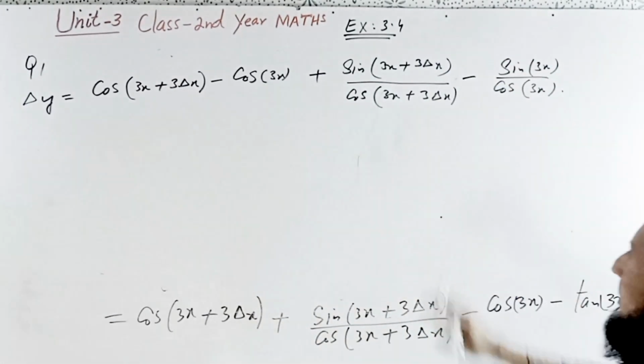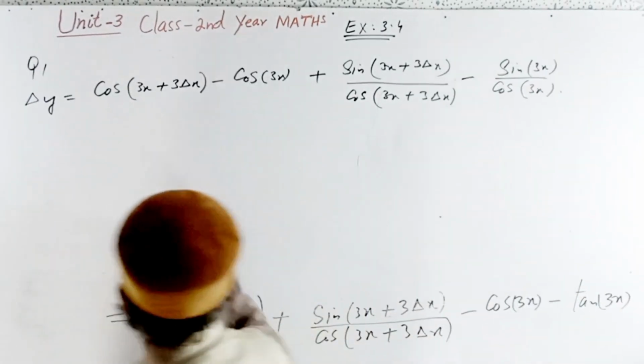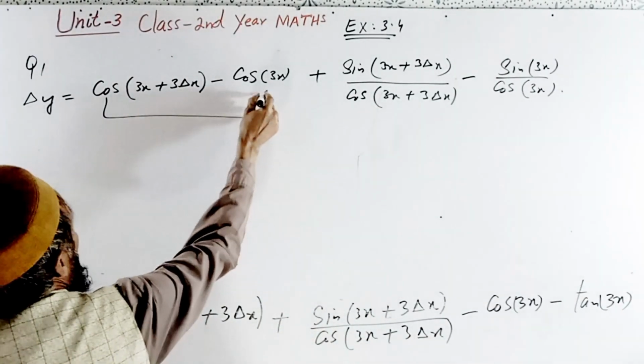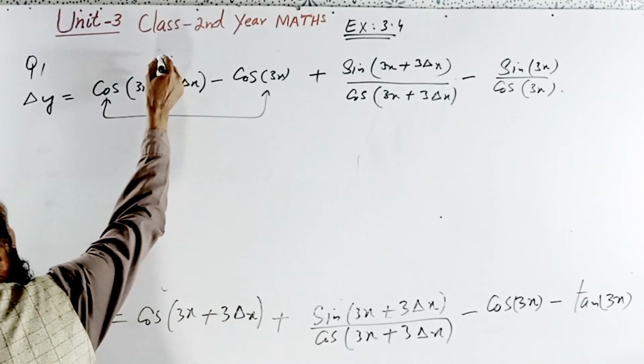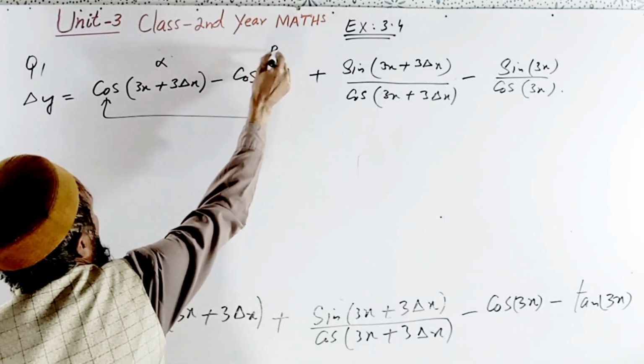Now we take the LCM of these terms, and we also know the formula. Here we consider this as alpha and this as beta.